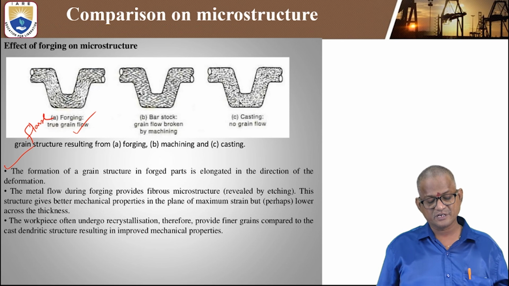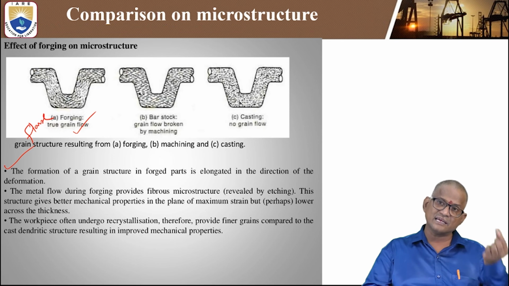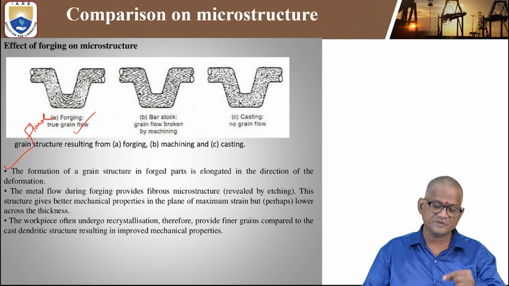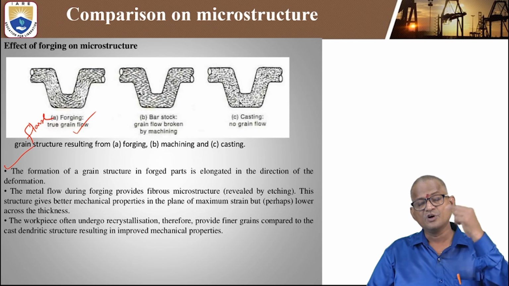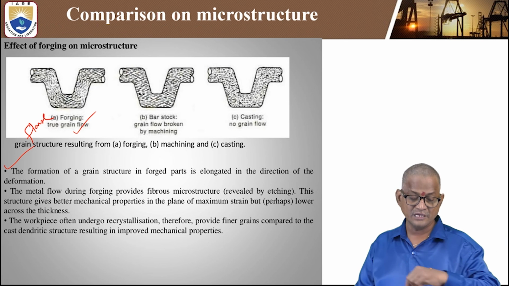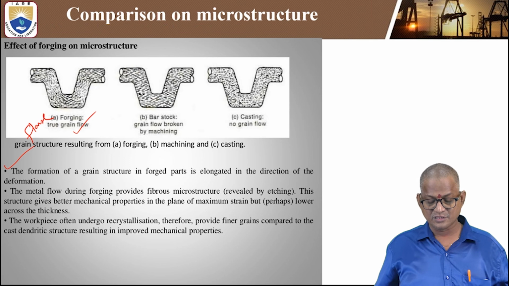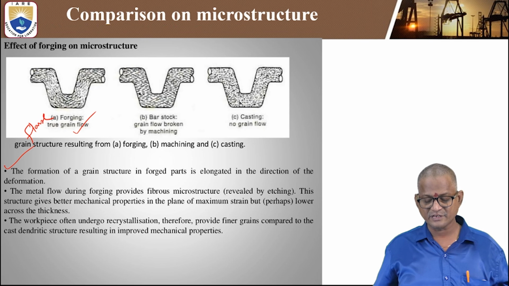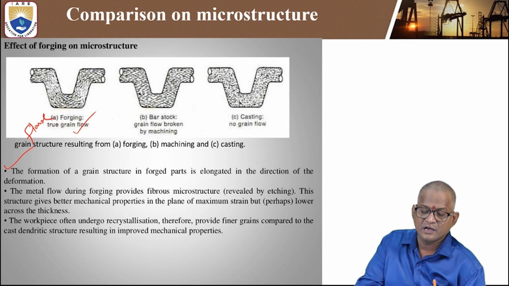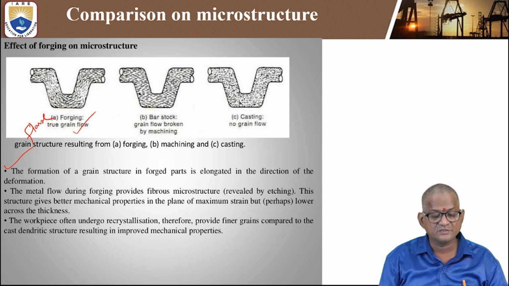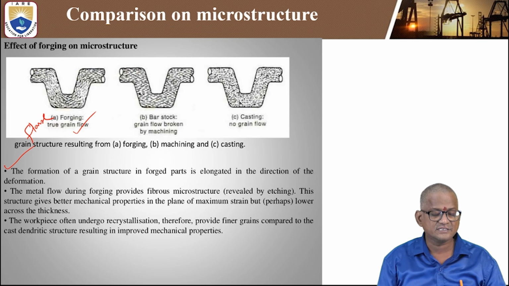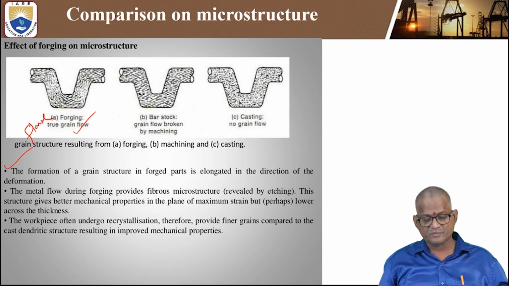The workpiece has undergone recrystallization. The term recrystallization can be defined as the transformation of old nuclei into new nuclei, so that finer grains are obtained compared to the cast dendritic structure, resulting in improved mechanical properties.